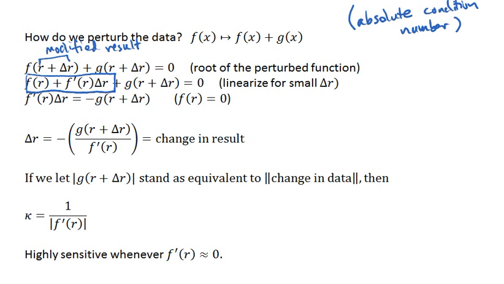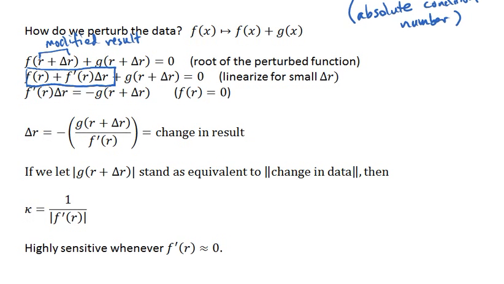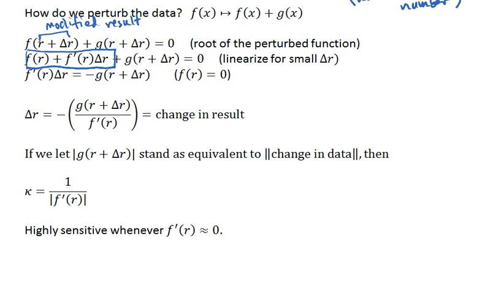Then we just rearrange using the fact that r is a root of the original function f. So that first term goes to 0, and we can solve for delta r. So delta r really is the change in the result due to the change of the problem, or change of the data, f going to f plus g.